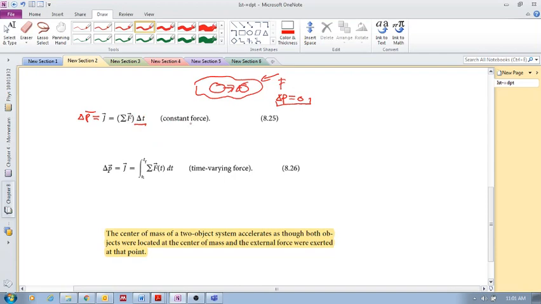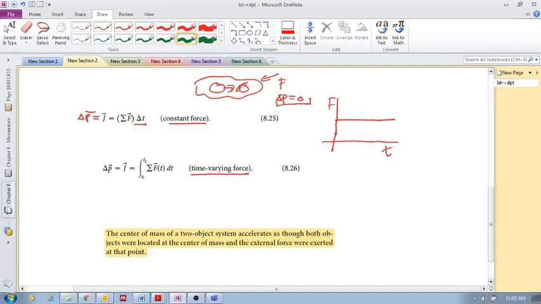And this is the equation for a constant force. Okay? So a force that looks like this, say F(t), a constant force, 10 newtons, 100 newtons, whatever. And this is the same equation, but it is for time varying.